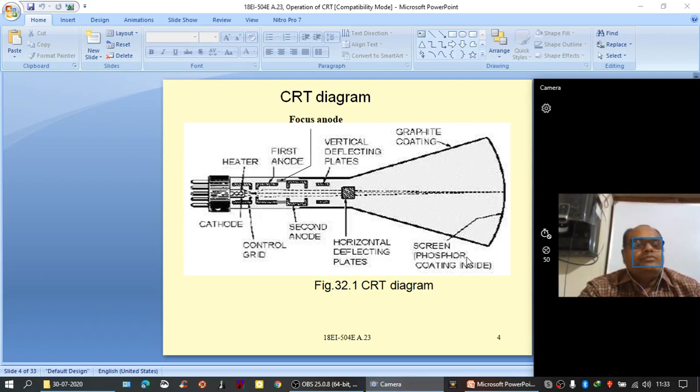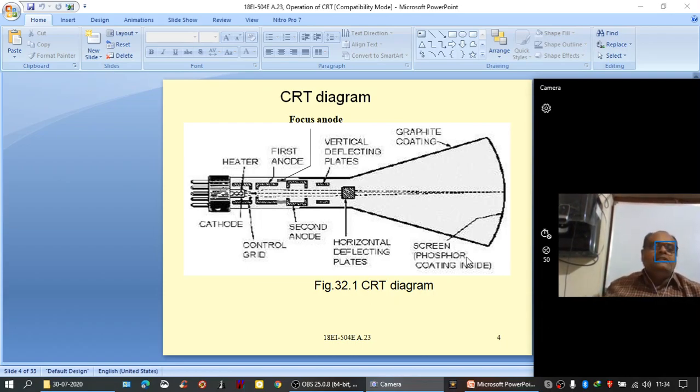Phosphor has the property of converting the kinetic energy of electrons into light energy. So at every position where the electron beam hits the surface of the CRO screen, a luminous spot will be generated.